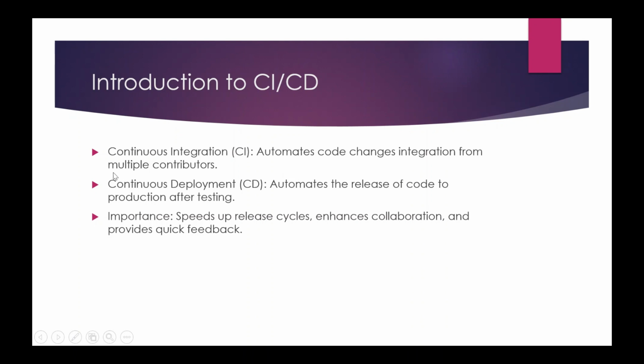Okay, and the next part is called continuous deployment, which automates the deployment or release of the code to production after testing. So once your code is built and published in the artifact repository, the continuous deployment pipeline will go ahead and download that artifact from the repository.